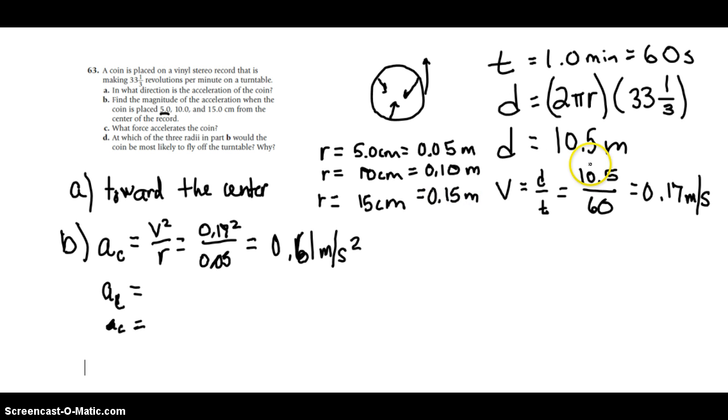So for our radius here, we're going to toss in 0.10, and we get 20.94 for our new distance.